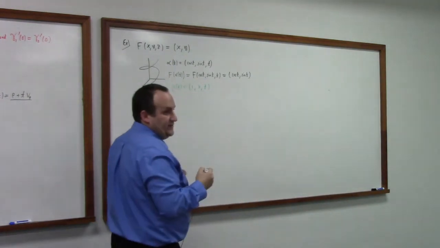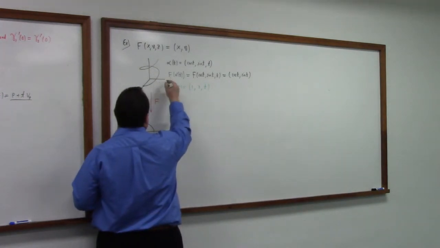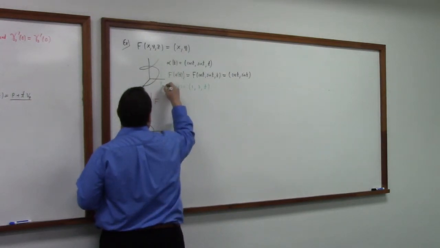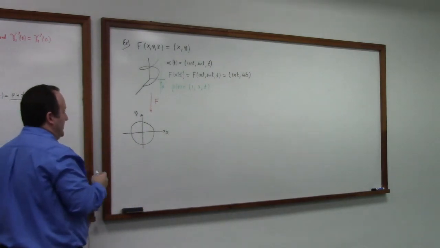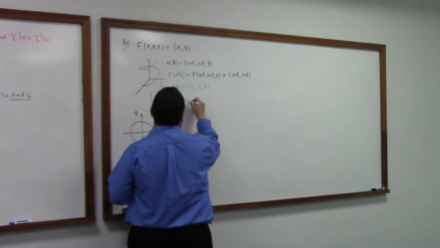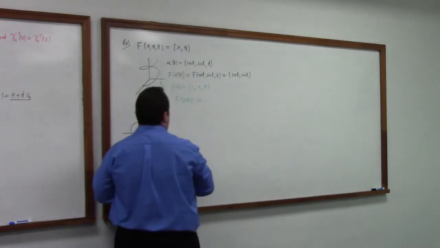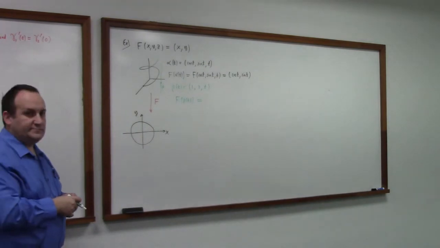So that is a vertical line that goes through the point 1, 3. So it's here somewhere, I guess, right? That's beta. What is f of beta of t? One, 3, yeah.